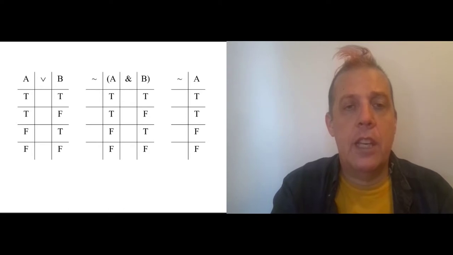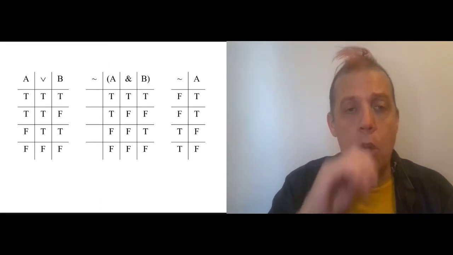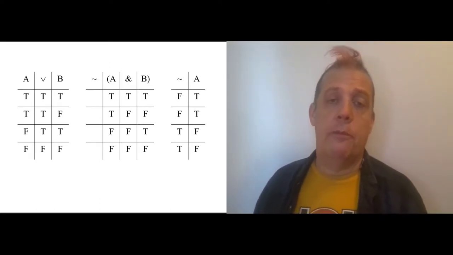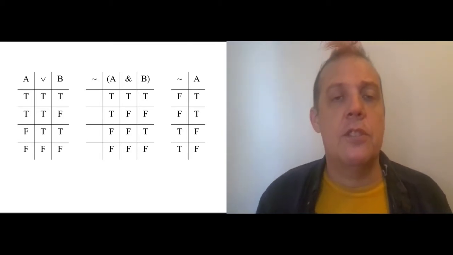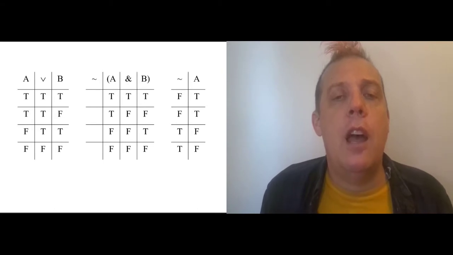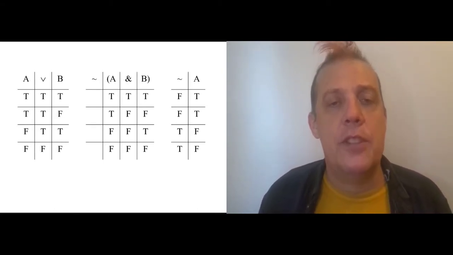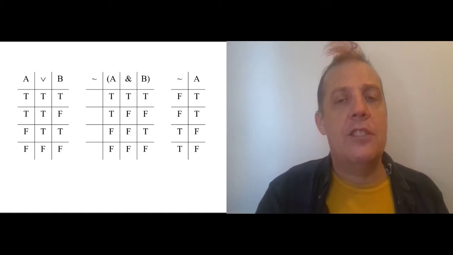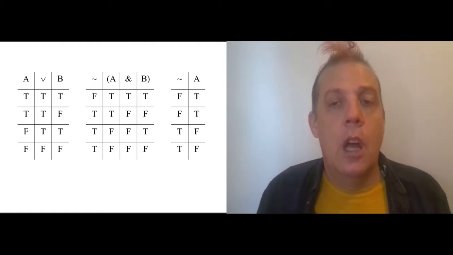Then we fill in the columns that modify the columns we just filled in. So that's the or and the not for the two sentences on the outside, and that actually finishes those sentences. For not A and B, we want to do the and first because the and is inside the parentheses. And then that's the column that gets flipped around for the last statement, right?